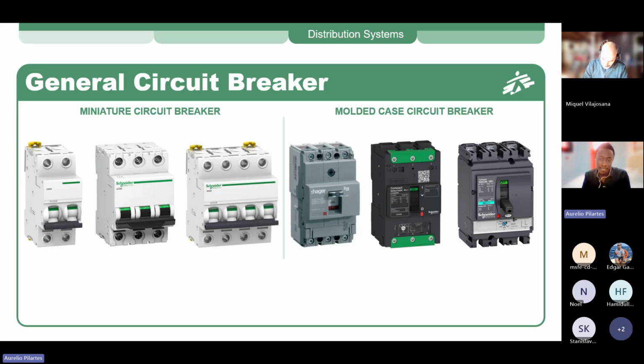And for some MCCBs, another difference is that they are flexible, so the tripping current can be set. It's not a fixed value. While an MCB you buy has a specific nominal current that will trip whenever this threshold is reached, with the MCCB you can actually set this threshold. For some, you have the option to set how many amps you want the nominal current to be.